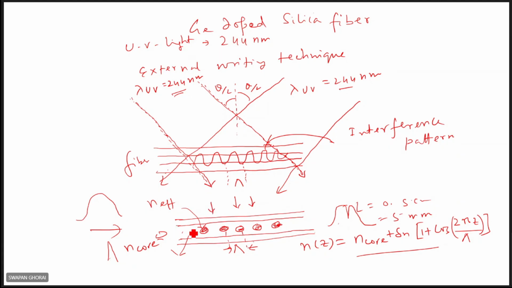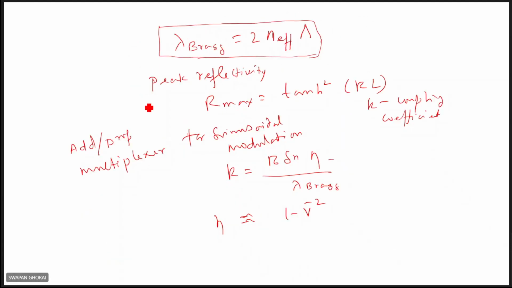Now, in this fiber, if you use a broadband source, then a particular wavelength that satisfies the Bragg condition will be reflected back. Other wavelengths will be transmitted; for other wavelengths it acts as a window. And what is the Bragg condition? From the grating equation, for plus minus 1 order, under phase matching conditions, this Bragg wavelength lambda Bragg is twice n effective times capital lambda.